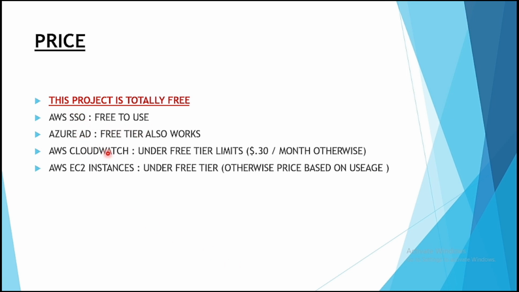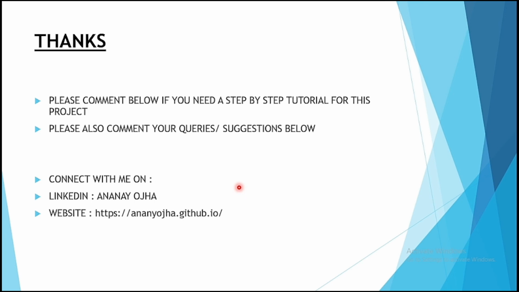Azure Active Directory, as you saw just now, the free tier also works with this particular project. CloudWatch is under the free tier limit, but for one dashboard in the North Virginia region it will cost you $0.3 per month. And EC2 instances are based on your usage. So that's all for the demo, and thank you so much.